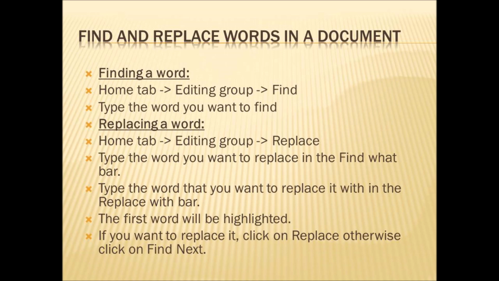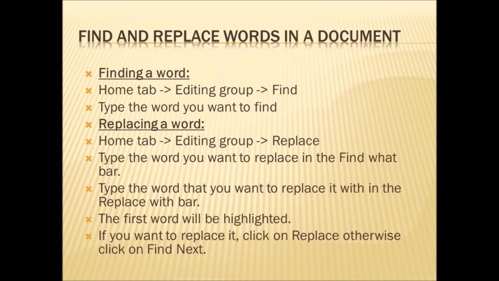Type the word that you want to replace it with in the Replace With bar. For example, if you want to change the word don't into do not, you should type the words do not in the Replace With bar.